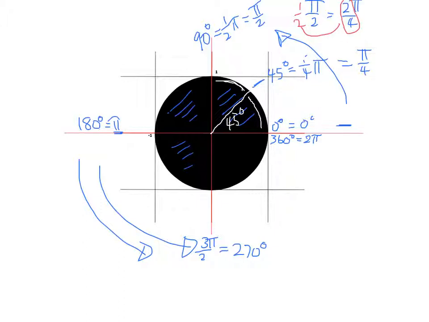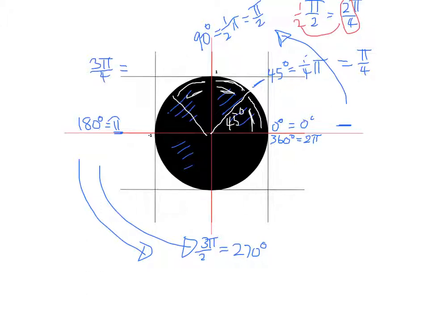Now we go around the third one of these, around to here. So this is going to be 3/4 of pi. So we've got a quarter plus a second quarter plus a third quarter is 3/4 of pi, or 3 pi over 4.